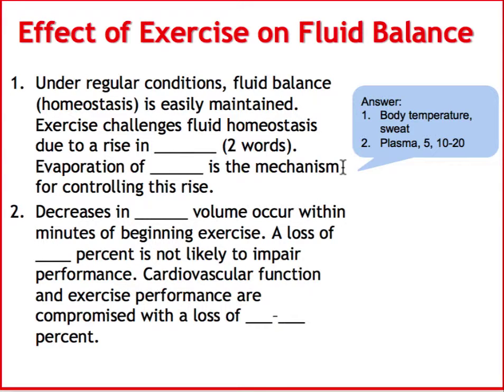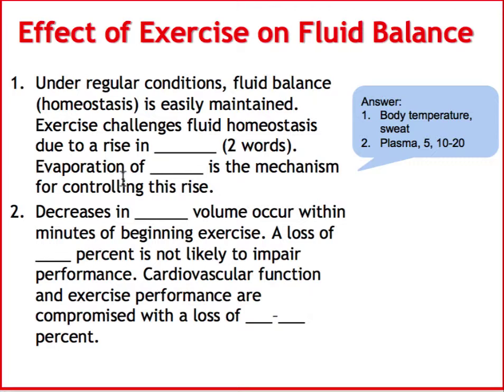So exercise challenges fluid homeostasis because we lose fluid in sweat, or we use plasma in sweat, and that's because of the increase in body temperature, and evaporation of sweat is a primary mechanism to control body temperature. The decrease in plasma volume occurs within minutes of beginning exercise.